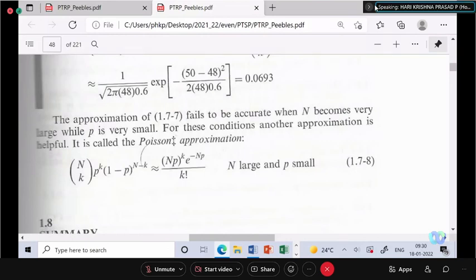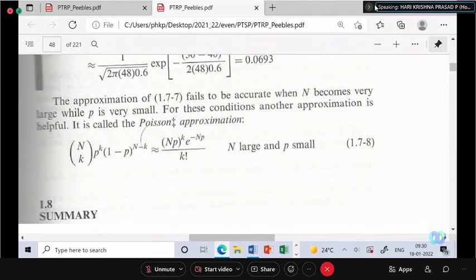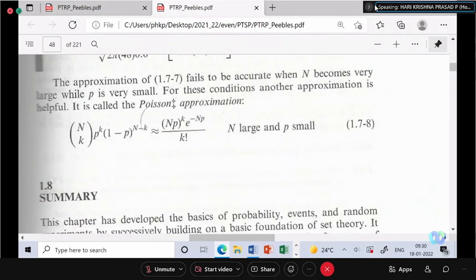So p is very small means the desired event's probability is say 0.001. For these conditions, another approximation is helpful. It is called Poisson approximation. So this is how the Poisson approximation is to be considered. Replace the expression for the Bernoulli trial by this Poisson approximation and solve the problem. N large and p small.